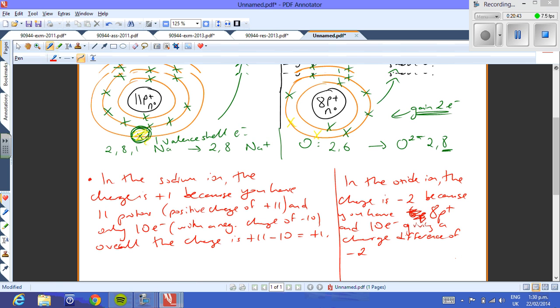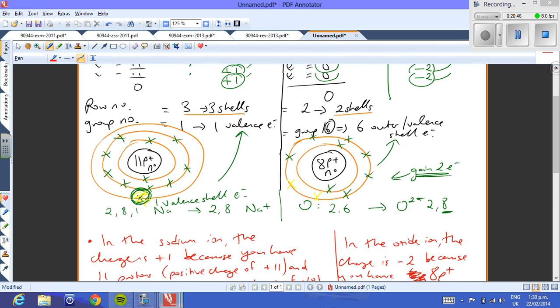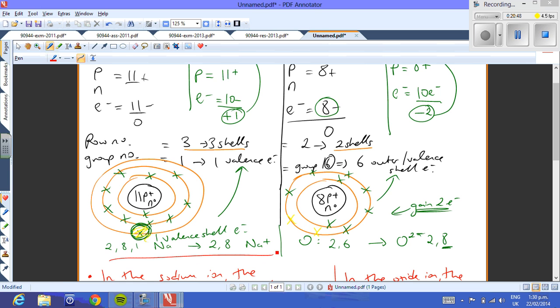So the benefit of doing the diagram is it uses electron arrangements to support your answer.